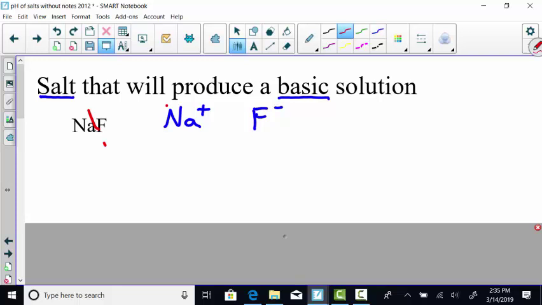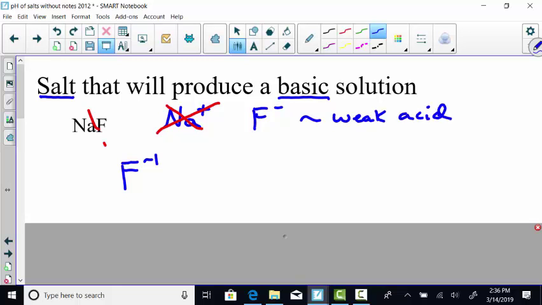And we've already discussed the fact that there's no reason for that to attract a hydrogen. So what would it be about the fluoride ion that would attract a hydrogen? Well, it turns out that fluoride comes from a weak acid.